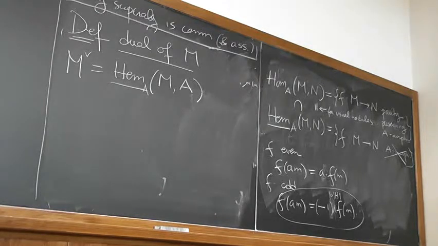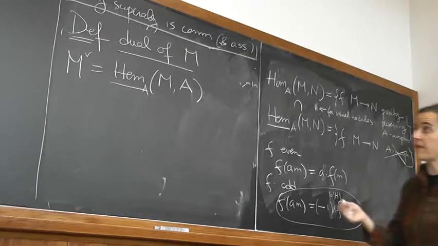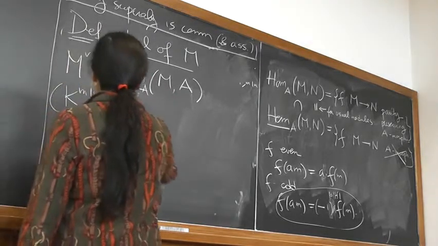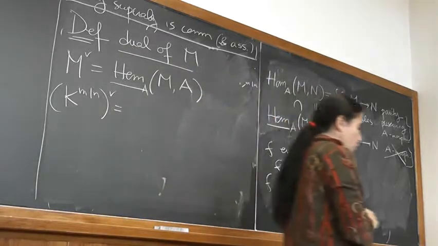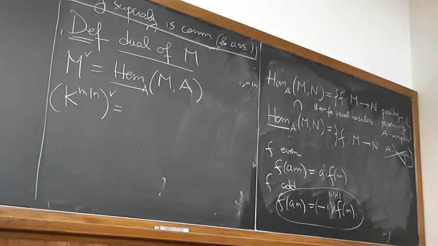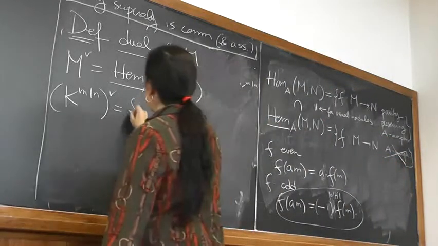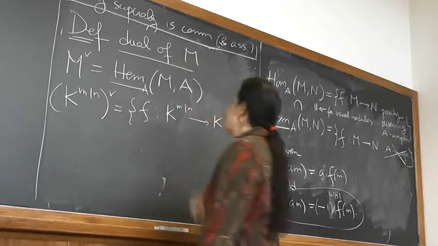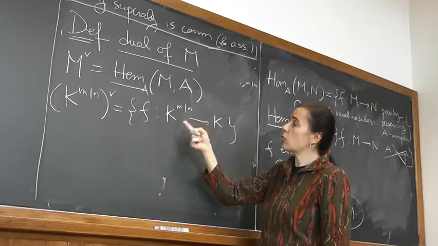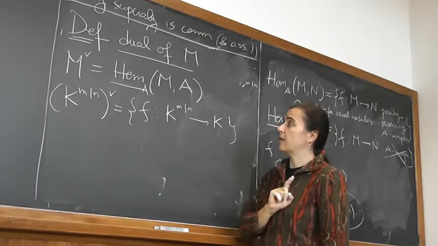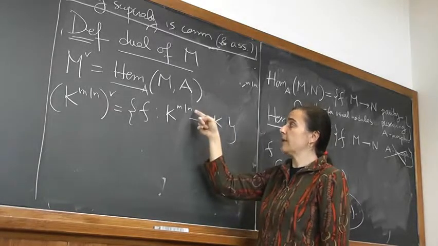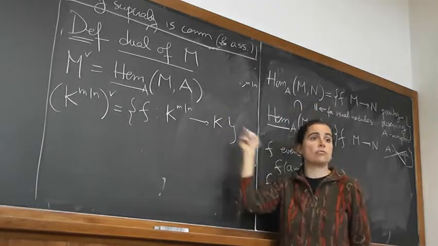You can check for vector spaces that it is what it should be. A super vector space is a special type of A module where A is K. If you chose only the parity preserving maps, then when you hit the odd elements, you cannot send them to the field. You should send them to 0.